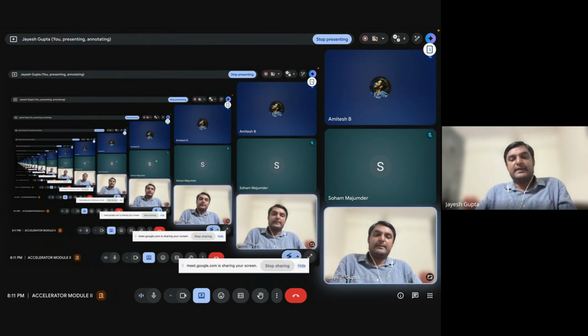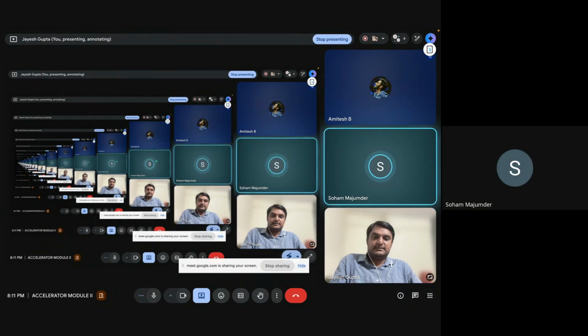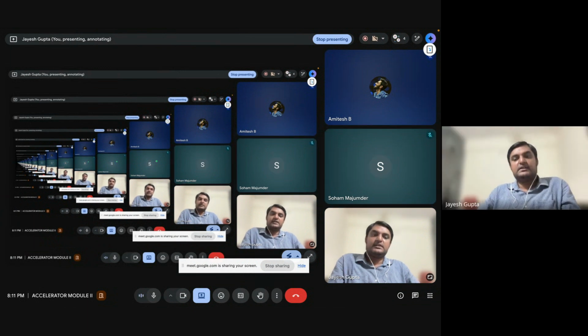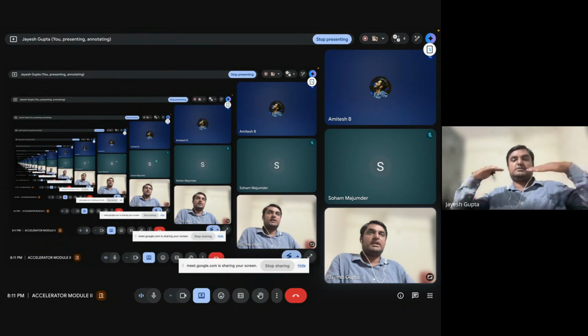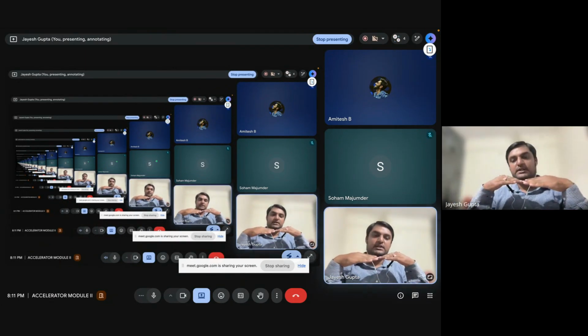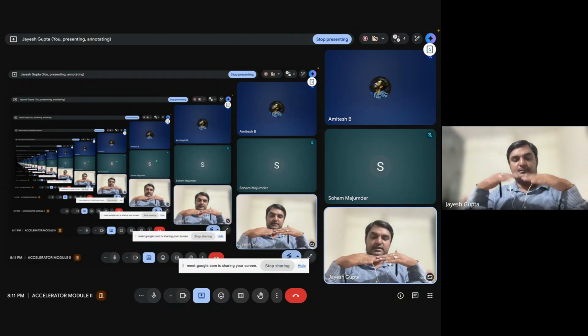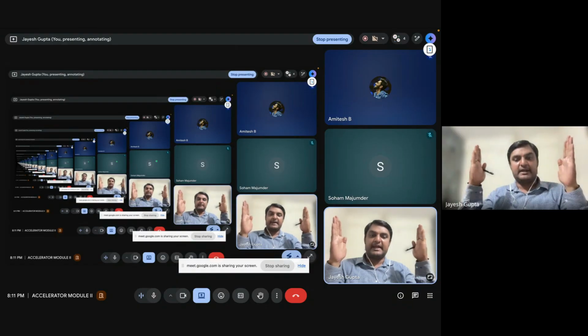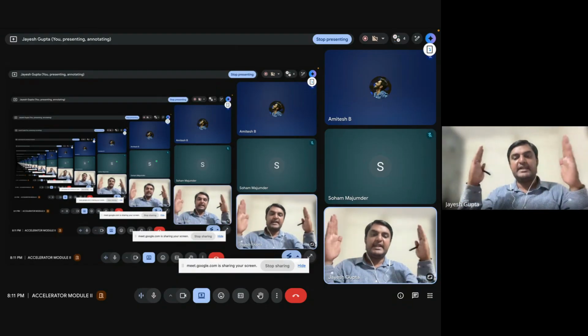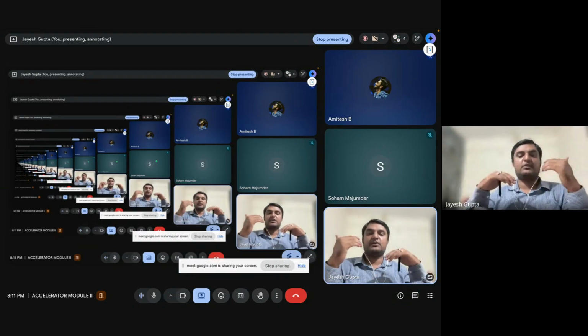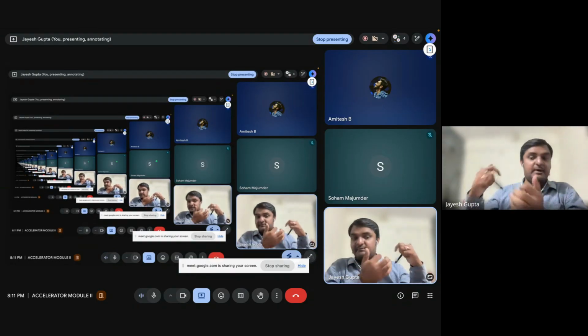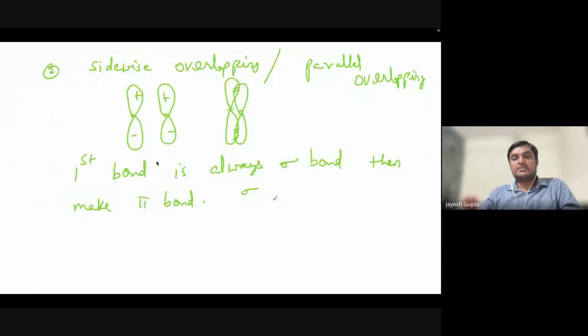Why is the extent of overlapping higher for sigma? Because it's head-on overlapping for sigma bond, while for pi bond it's just lateral. Yeah. So when head-on overlapping takes place, there will be more area covered in overlapping. But if you see lateral, when they are parallel and overlapping, the area covered will be less. So that's why extent of overlapping is higher for sigma bond. That's why sigma bond is stronger than pi bond.